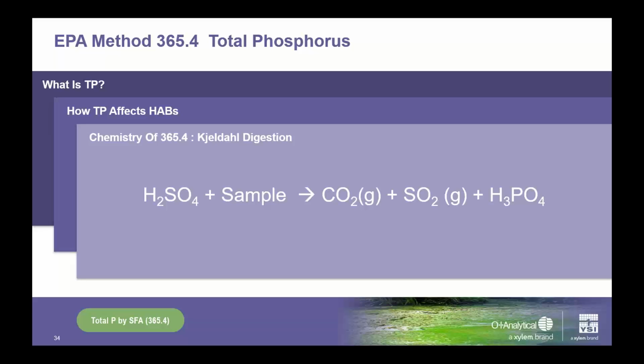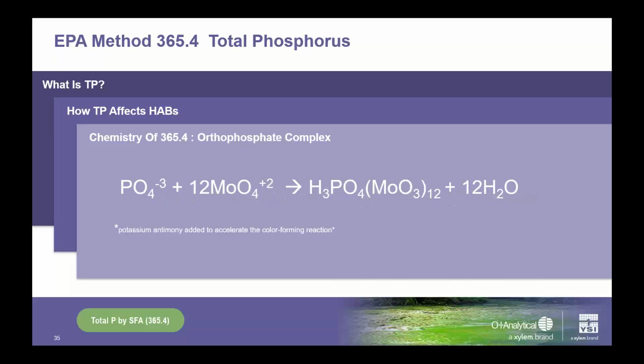Prior to analysis, you do this via the same Kjeldahl digestion, and what you're doing here is hydrolyzing phosphorus to generate orthophosphate in the form of phosphoric acid. This is basically just like the TKN digestion we discussed earlier, and some of the other instruments we have that you can use to automate that are also available for phosphorus.